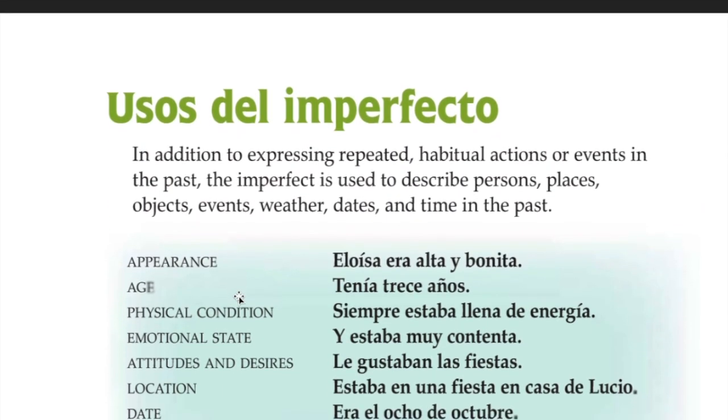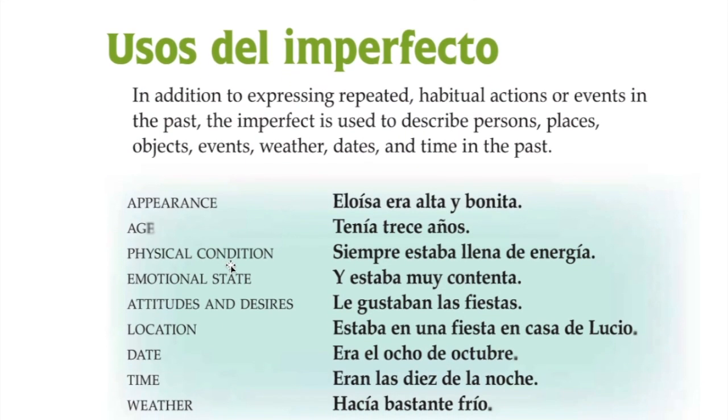The next segment is going to be usos del imperfecto. In addition to expressing repeated habitual actions or events in the past, the imperfect is used to describe persons, places, objects, events, weather, dates, and time in the past.